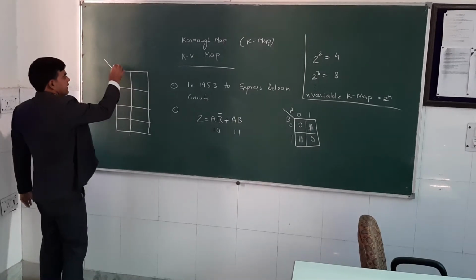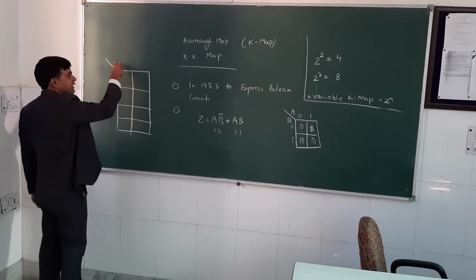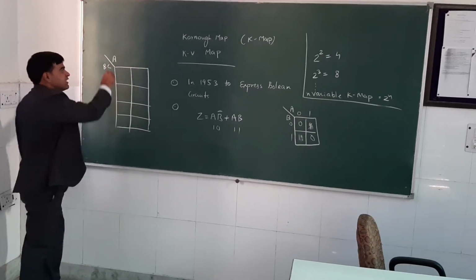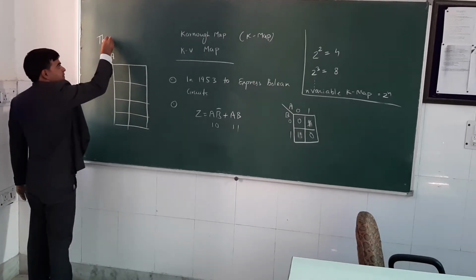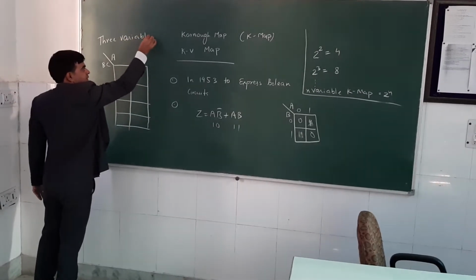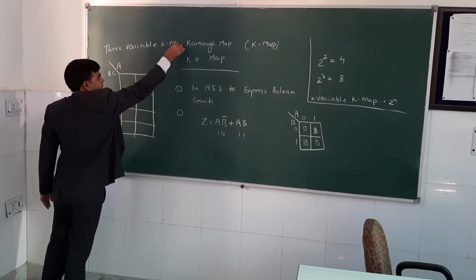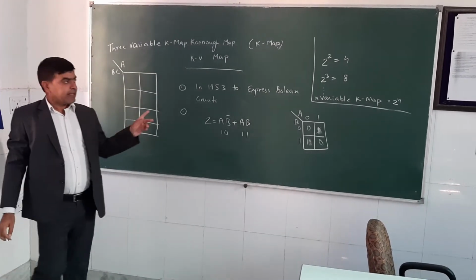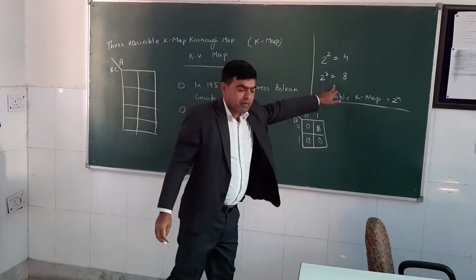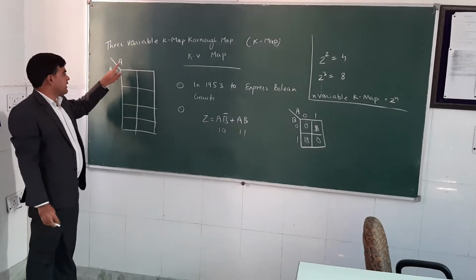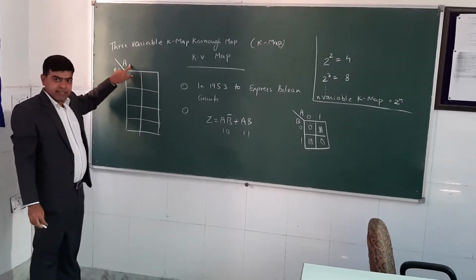I have one variable on one side and two variables on the other. So in a three variable K-map, how many cells must we have? We must have 8 cells, as we can see from this rule. I can also flip it: I can write A here and BC here.